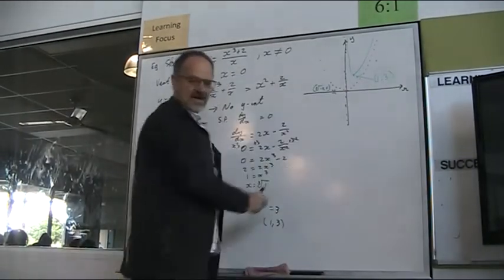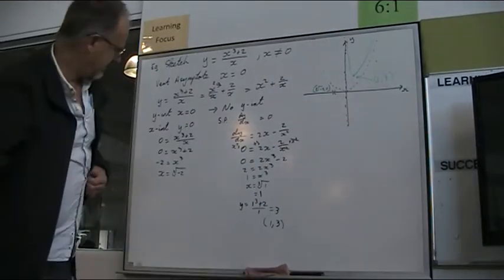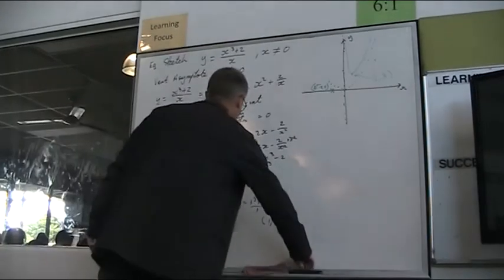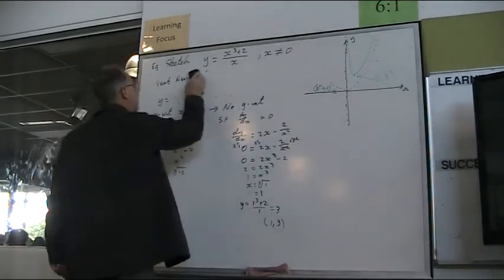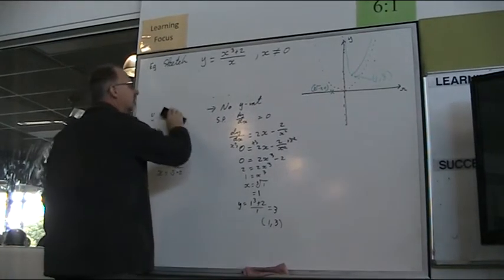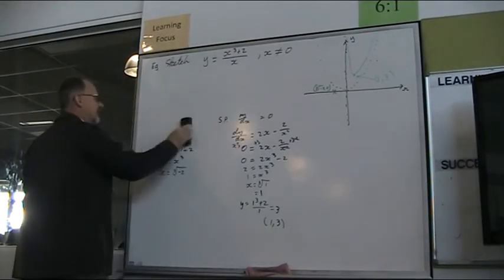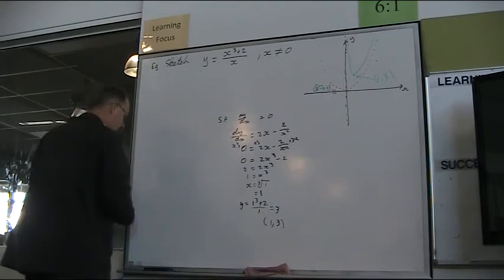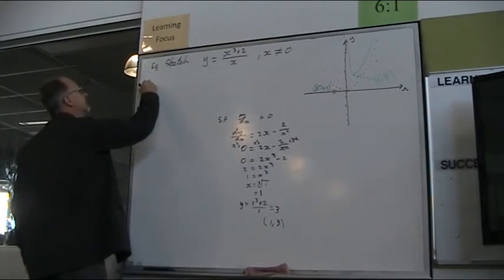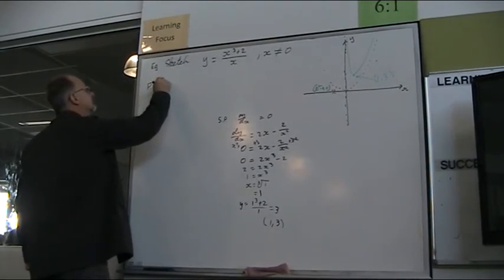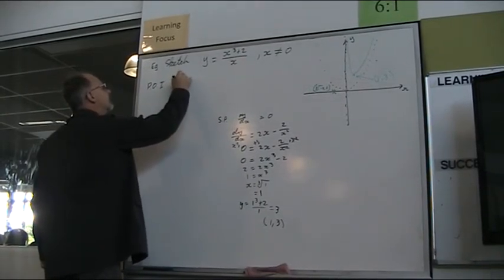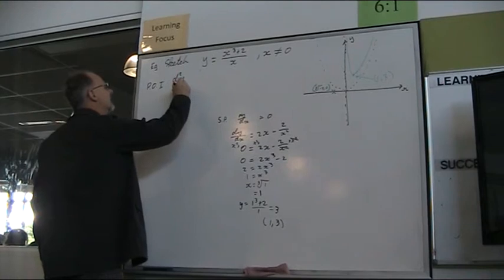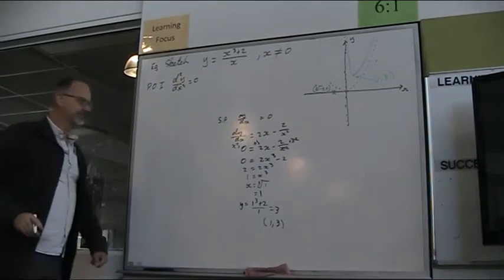So we've got another part over here. Question is, are there any points of inflection? To find points of inflection, if there is any, we need the second derivative, d2y dx squared, to be equal to 0.